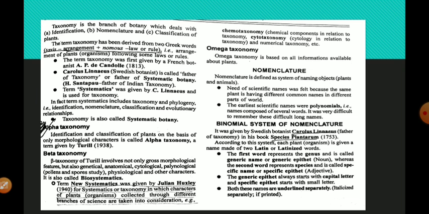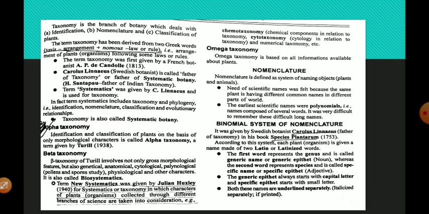There is a common name, and there is a botanical or scientific name. The need for a scientific name was felt because the same plant has different common names in different parts of the world.